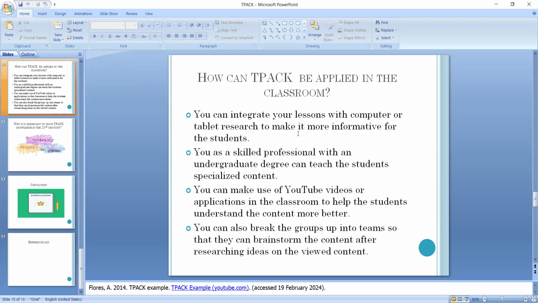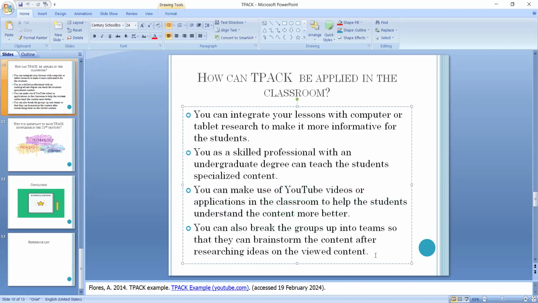So obviously, if there is no load shedding for that day, we can definitely make use of computers or tablets to research topics to make it more informative for the students. We can also watch YouTube videos or make use of applications in the classroom to help students understand the content a little better.